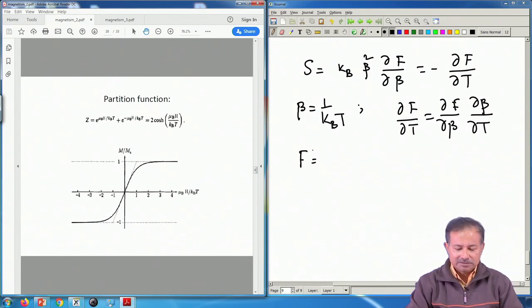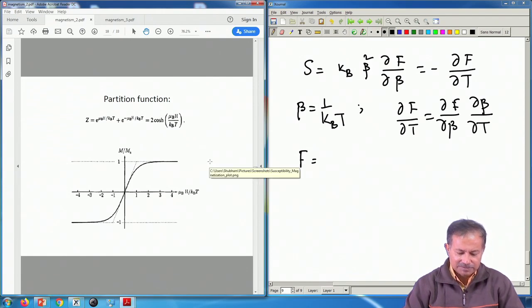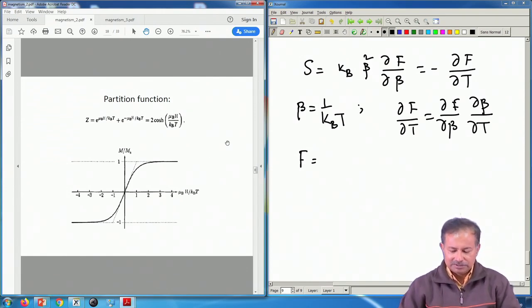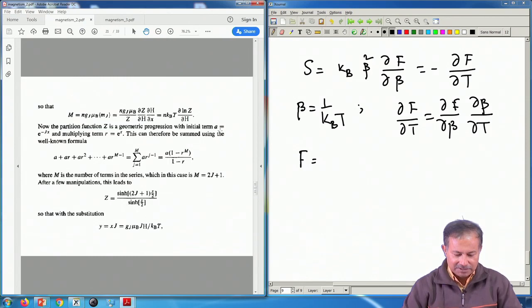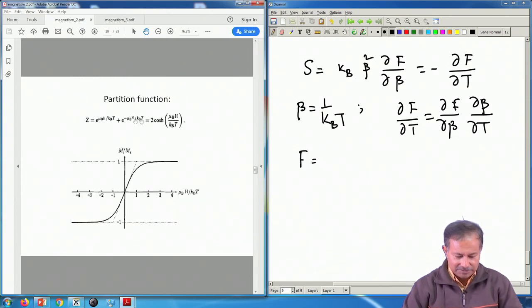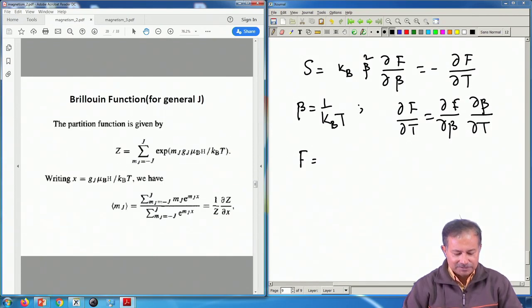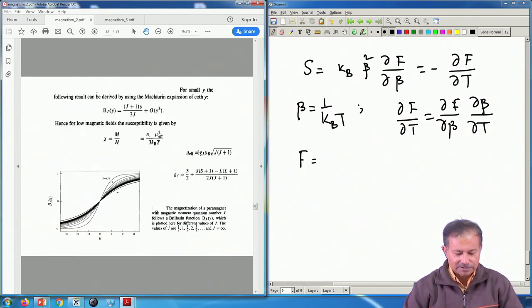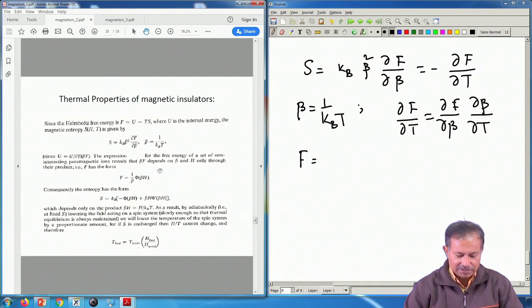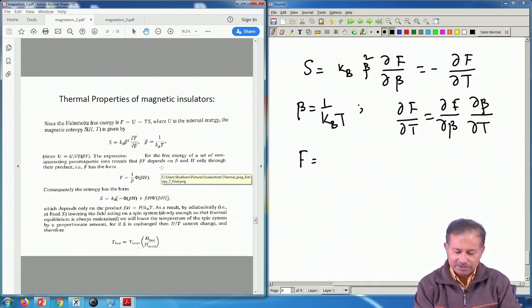S is basically log of Z times 1 by beta. That will be just as I said here, but Z is a function of h by T. So, F will be just 1 by beta times some function phi of beta h.